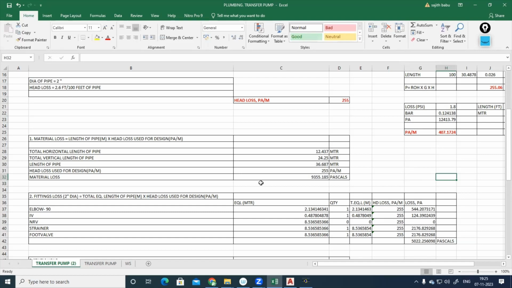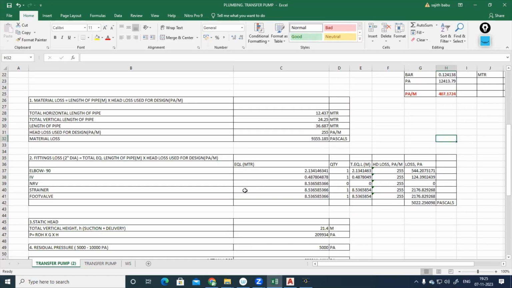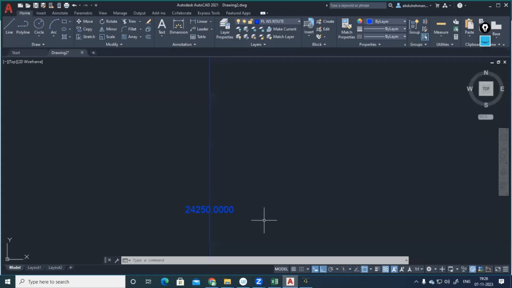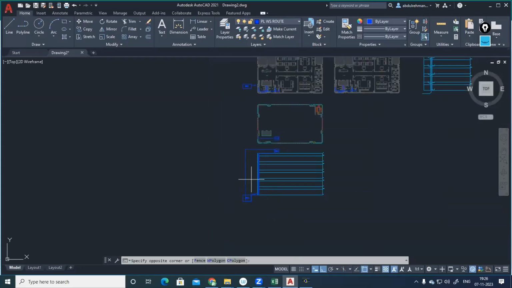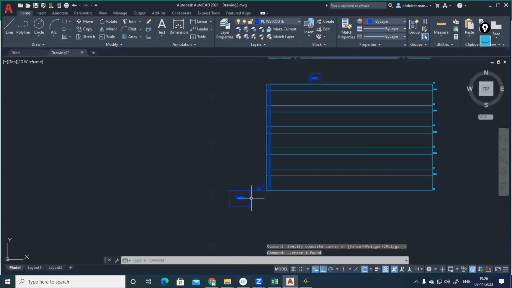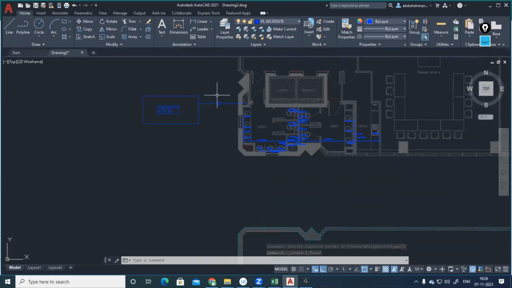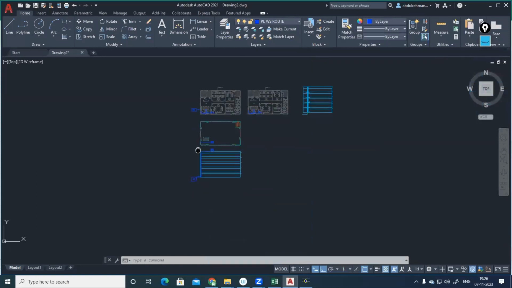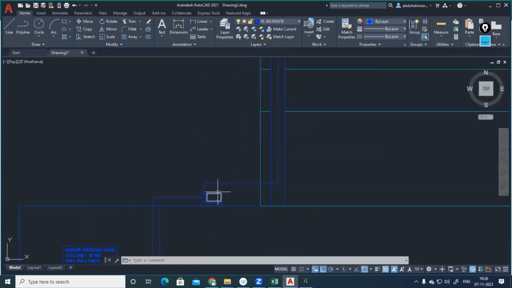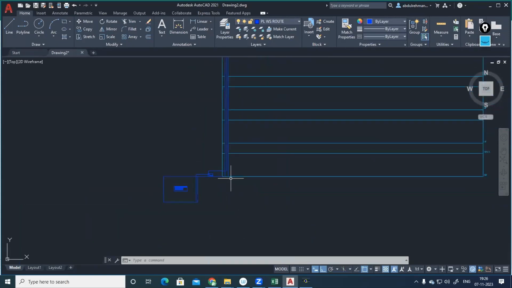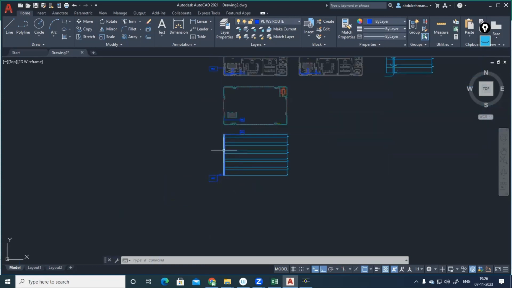So I should calculate this one. I'm just going to create an isometric layout of this. From the isometric layout, I can find it. So how to prepare this isometric layout?